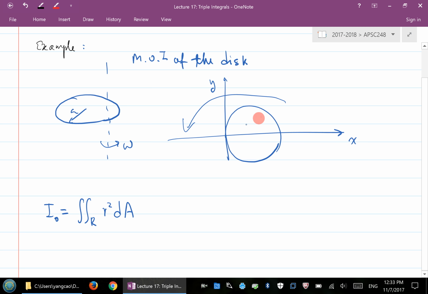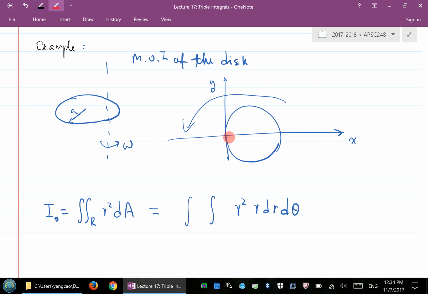So if you pick any point, the distance to the origin is your r here. This is a circle, so we decide to use polar coordinates. So r squared stays here, and dA becomes r dr d theta. And then you look for the limits for r and theta.